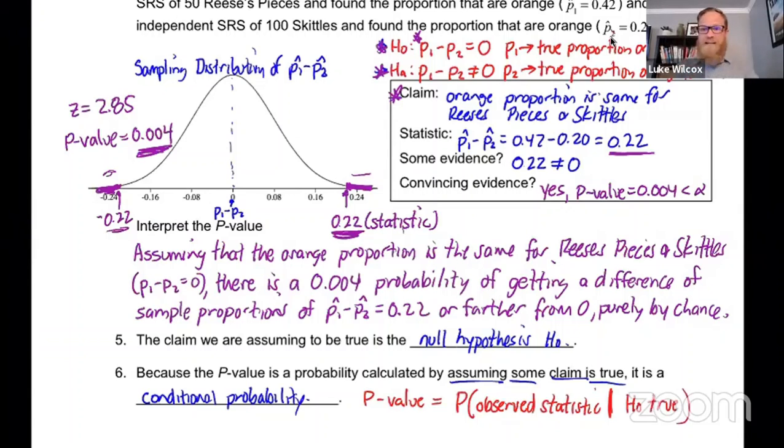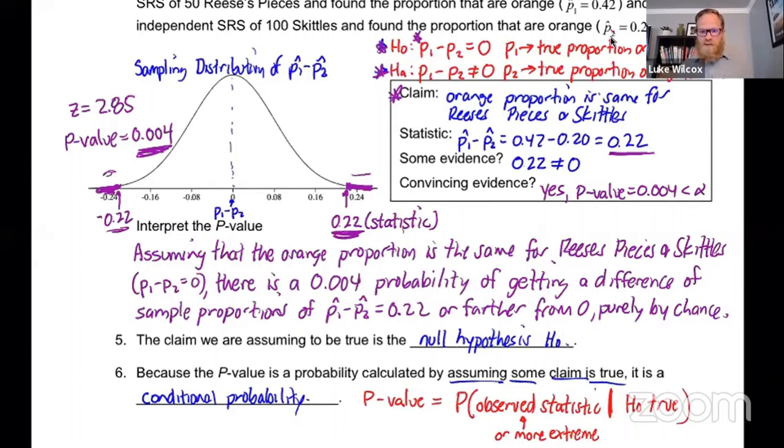So I'm using that conditional probability notation that you learned way back earlier in the year. The p-value is in fact a conditional probability that is calculated assuming the null hypothesis is true. Now, just to be very clear here, it's the observed statistic or more extreme. So sometimes that means shading to the left, sometimes to the right, and sometimes both sides.